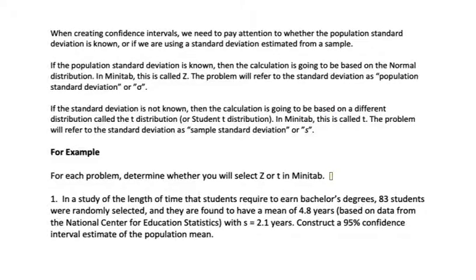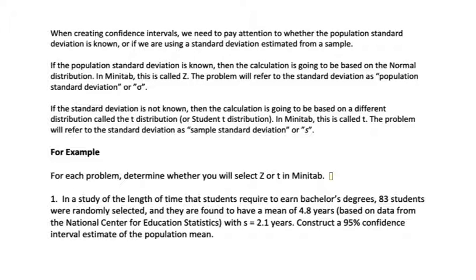Now, when we're using Minitab, this is very important, the standard deviation. We need to pay attention to whether it's known or whether we're using a standard deviation estimated from a sample, because we do different calculations that give us different values depending on that.